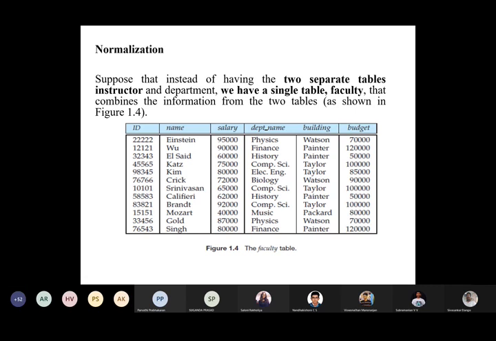Whereas for computer science, you have three instructors associated with it. So the same information, the building details and the budget details, is repeated, right? So there is redundancy in data storage.